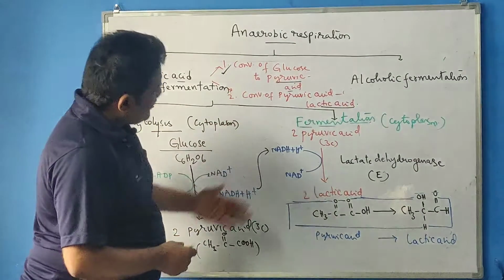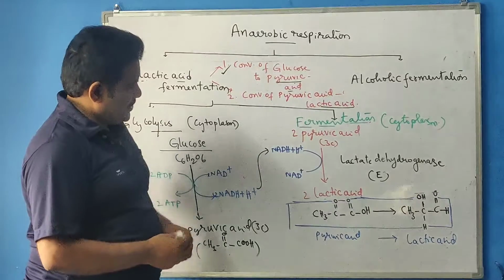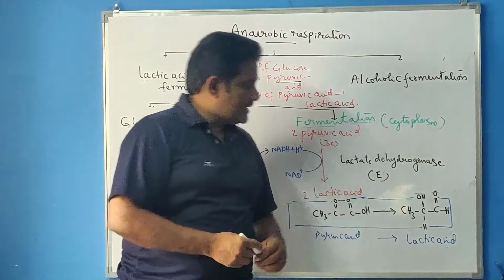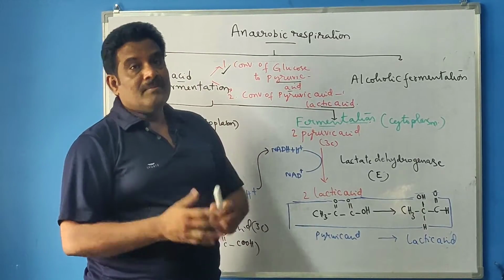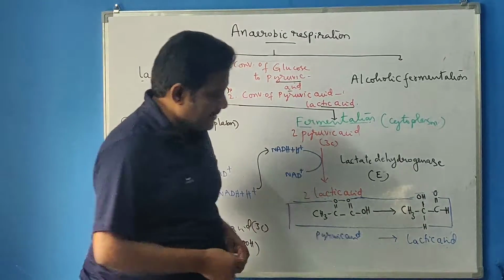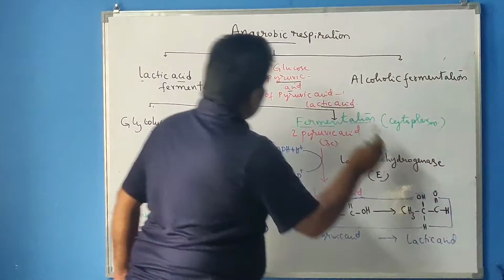The same process I told you, pyruvic acid reduction to lactic acid, happens in animals also. In muscle cells, in our skeletal muscles, what is happening? Let us study here.